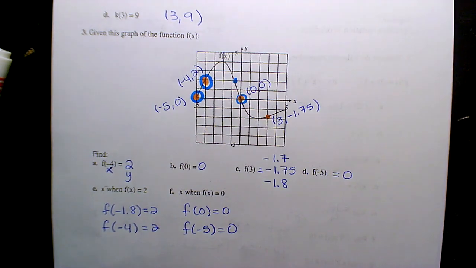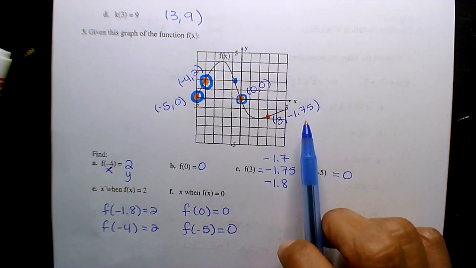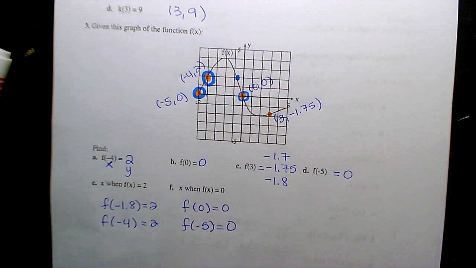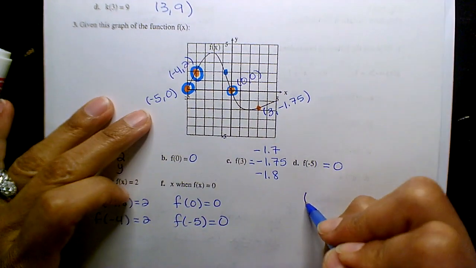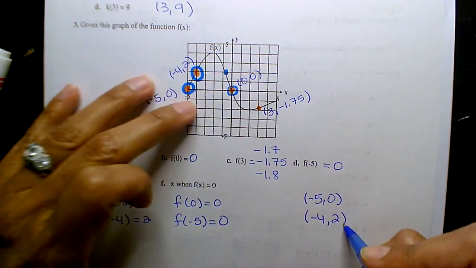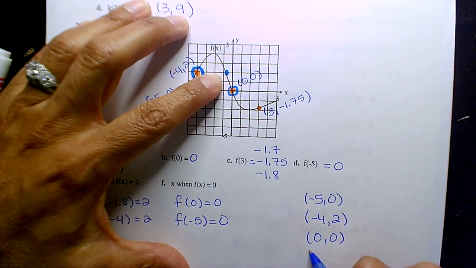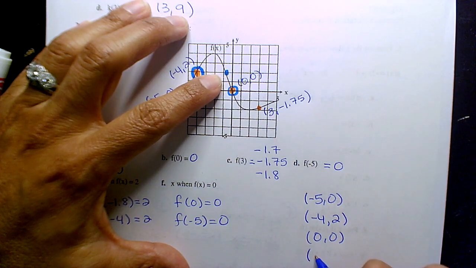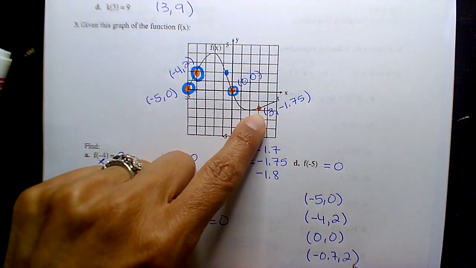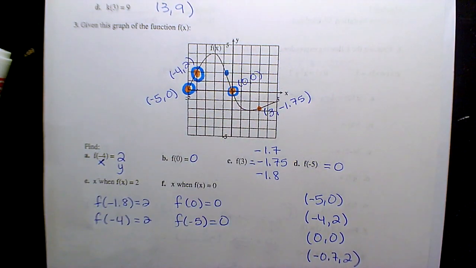So try and see what makes sense to you. Do you like the coordinate points? Say I pull the points out: negative 5, 0; negative 4, 2; 0, 0; and this one, let's say negative 0.72; and then we have 3, negative 1.75.